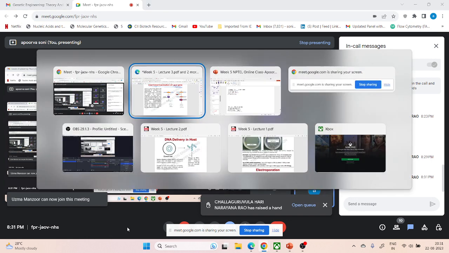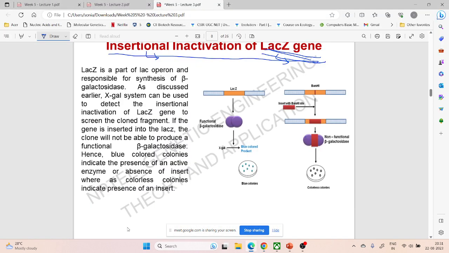So this blue white screening basically depends upon insertional inactivation. In one case, if the gene of interest is not there, then LAC-Z is functional. Therefore, this N-terminal region of the LAC-Z will combine with the C-terminal region of the host, and a proper functional whole LAC-Z gene is produced, and they will form blue colonies.